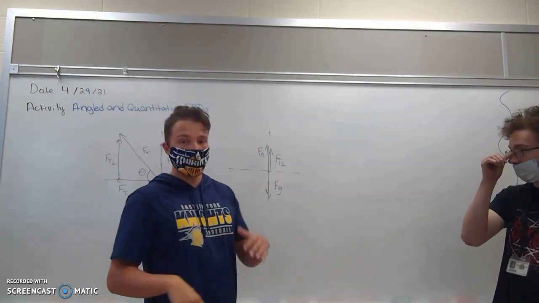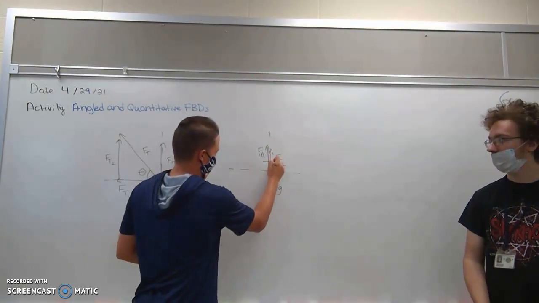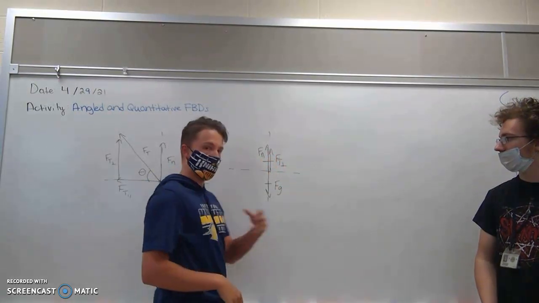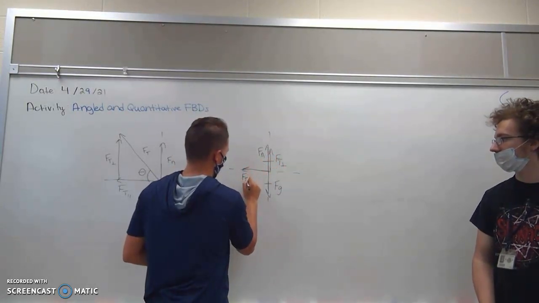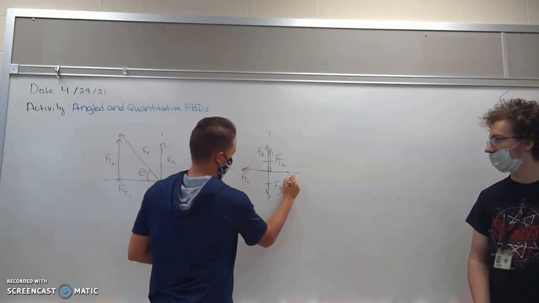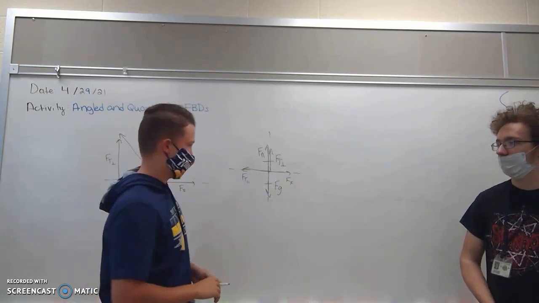So those two are going to be equal because we're not moving either up or down. So we have to draw our equality marks. And then in the parallel direction, we have our force of tension in the parallel and our force of friction. And those are also going to be equal because we're moving at constant velocity.